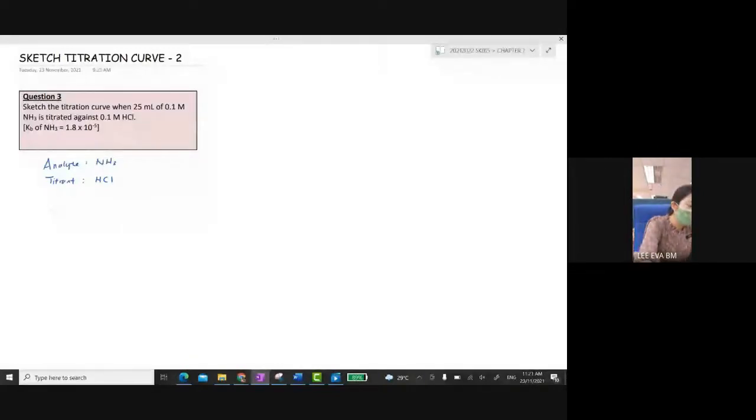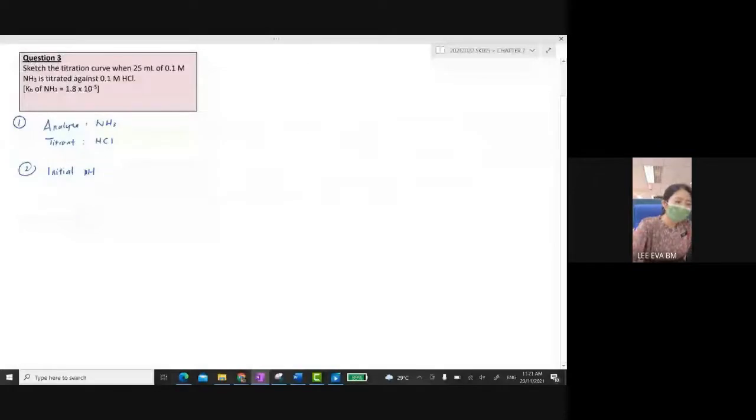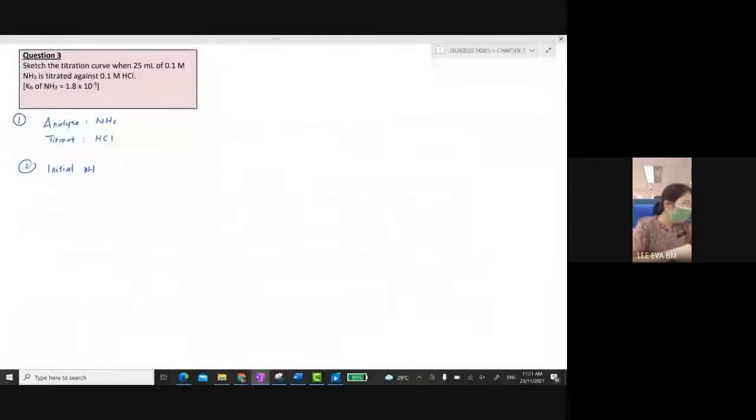So how am I going to calculate the initial pH? How am I going to do this? Ice table. Since NH3 is a weak base, you need to figure out the pH value from the Kb, from the ice table, from the quadratic equation.